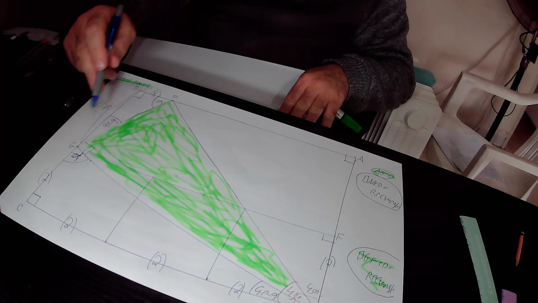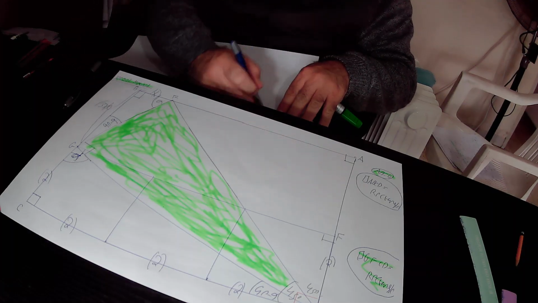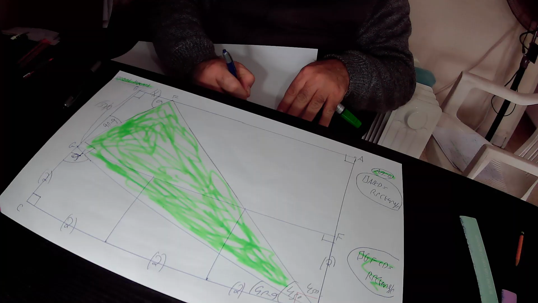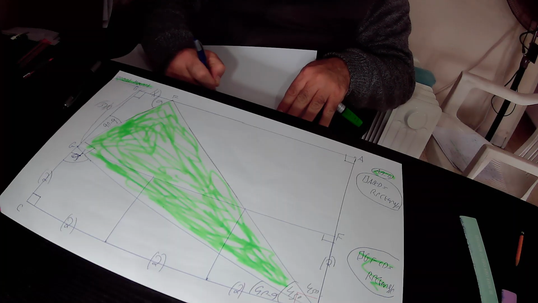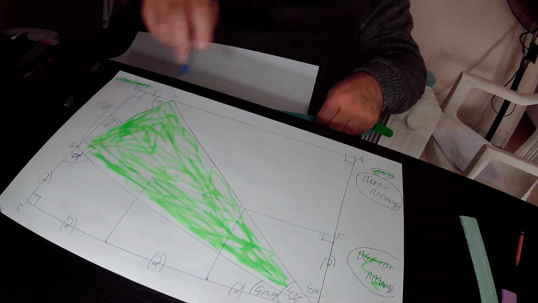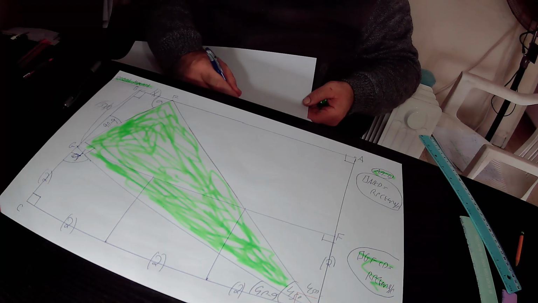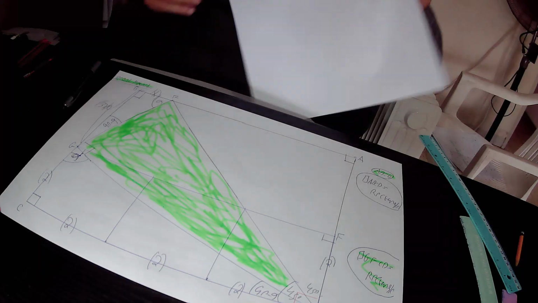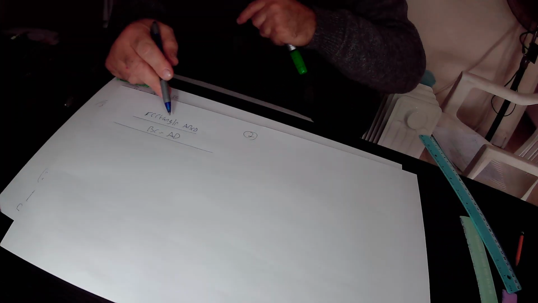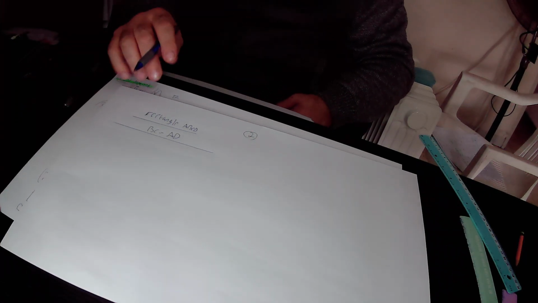In this big rectangle ABCD, side BC must be equal to the opposite side AD.